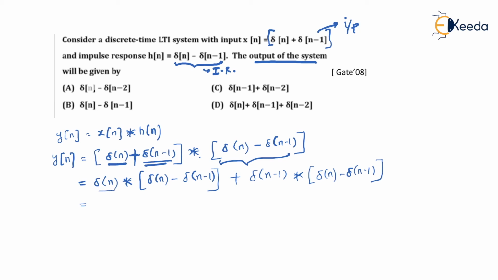So let me just expand. Now del of n gets convolved with this also and this also. So I can write del of n convolved with del of n minus del of n convolved with del of n minus 1.